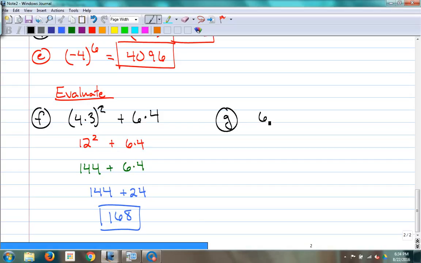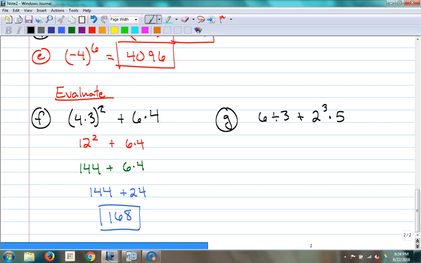Example G. 6 divided by 3 plus 2 to the 3rd power times 5. Again, if you type that straight into your calculator, just as it is, it will do it correctly. I promise. It follows order of operations just right. There's no parentheses to deal with here, no negative number to deal with, so it really does work out kind of nice for you. But what technically should be the first thing that happens?